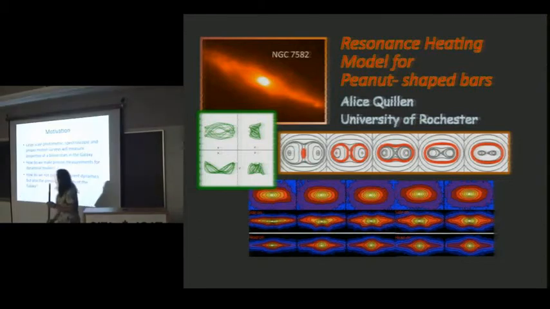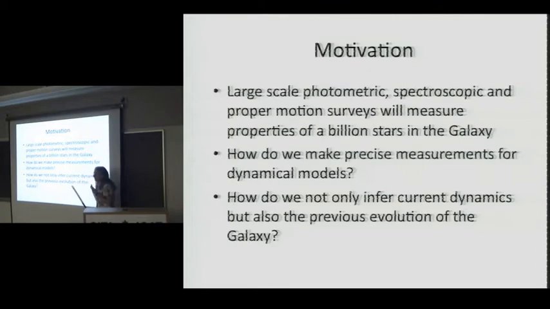The reason is that there are big surveys going on of the Milky Way where properties of not quite a billion yet, but there will be properties of a billion stars being measured. So it's really an opportunity to dissect the Milky Way and really understand what's going on in it. We can think of this as a big challenge: how do we learn stuff if we have observations of a billion stars?